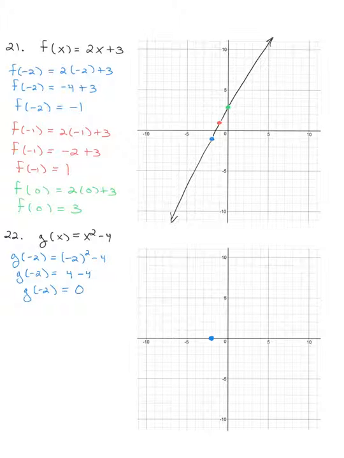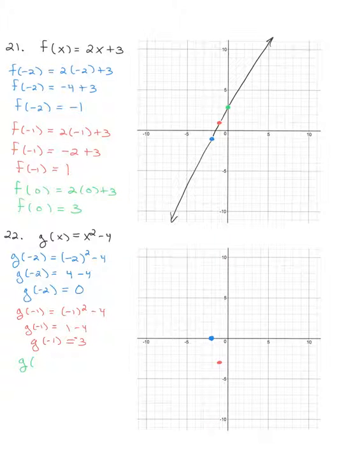All right, yeah, we'll try -1. G of -1 is -1 squared minus 4. That's 1 minus 4, and that's -3. G of -1 is -3. It's here. The next one will be easy.